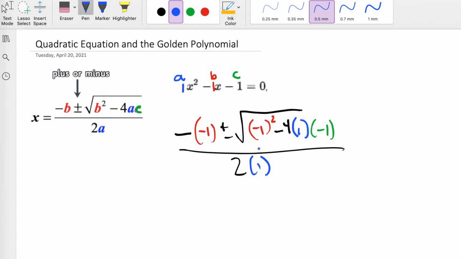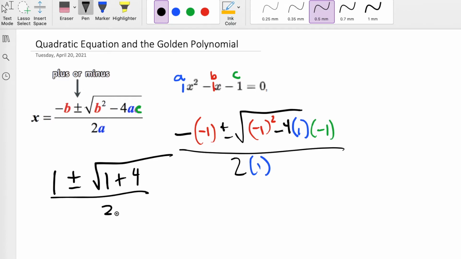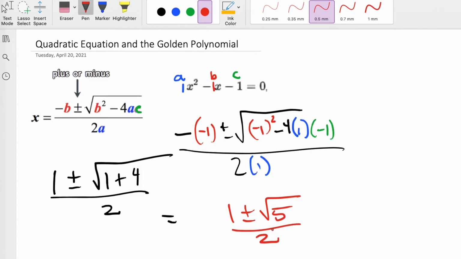So again, you should be familiar with the quadratic equation here, and so what you end up with here is -1 times -1 is 1, plus or minus the square root of -1 times -1 becomes +1, -4 times 1 is -4, times -1 is +4, all of it over 2. So our final equation here is 1 plus or minus the value of radical 5 all over 2.